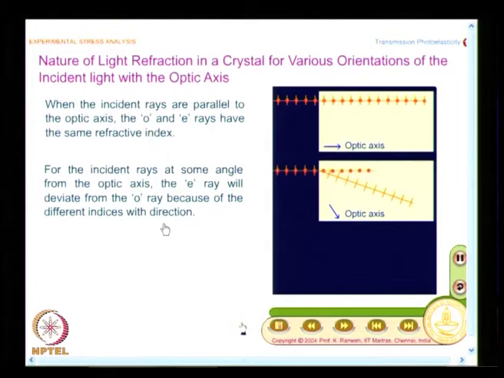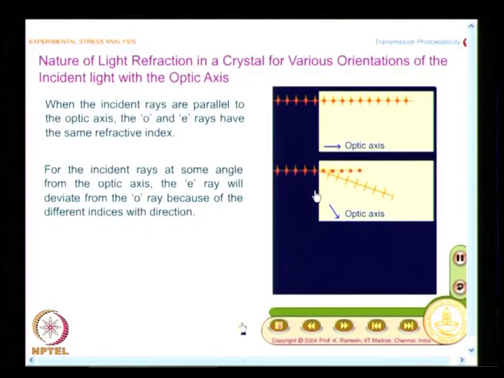Because we have already seen the crystal is optically anisotropic, and that is dictated by the incident ray in relation to the optic axis direction. If it is same as optic axis direction, then it behaves like an optically isotropic medium.